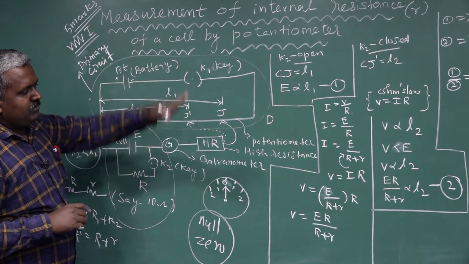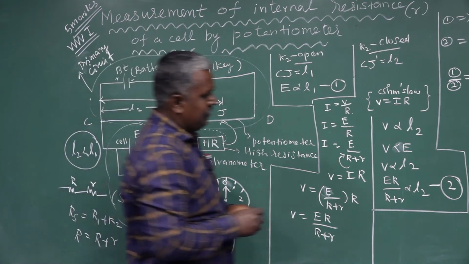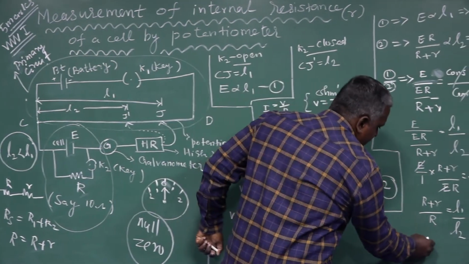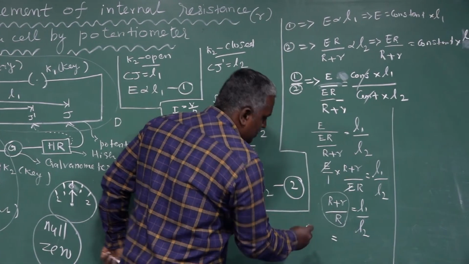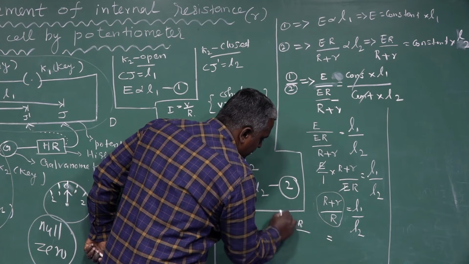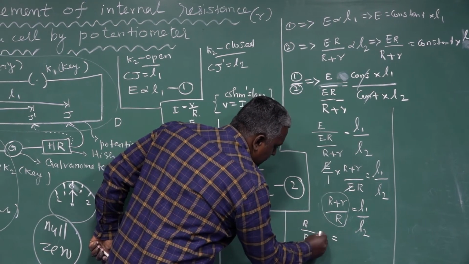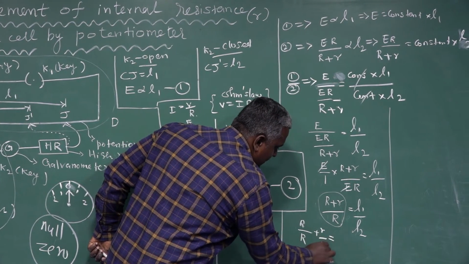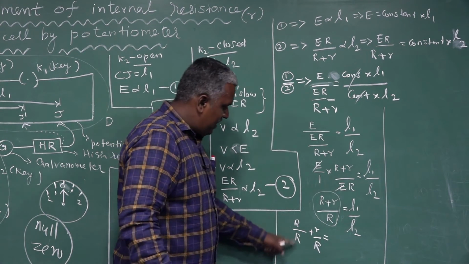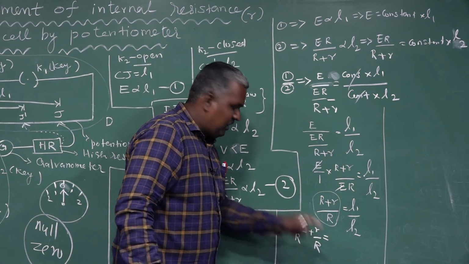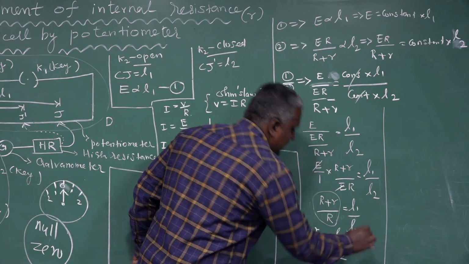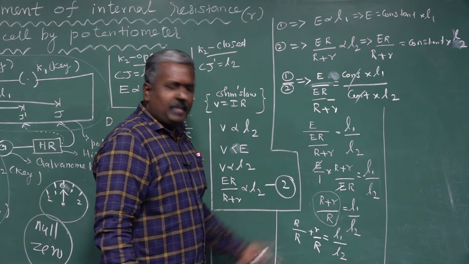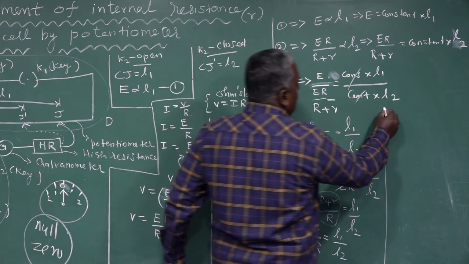See again, this term we can split as R by R plus r by R, that is 1 plus r by R, and it is equal to L1 by L2. Then that's all. Very simple.